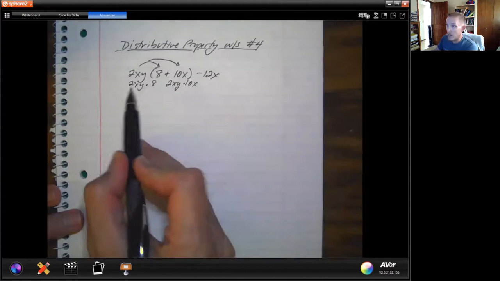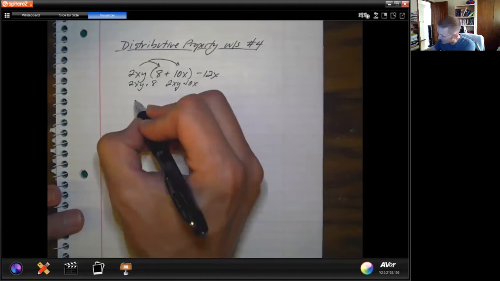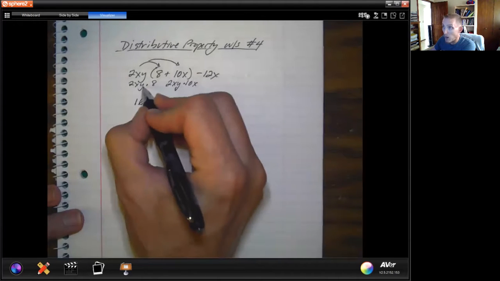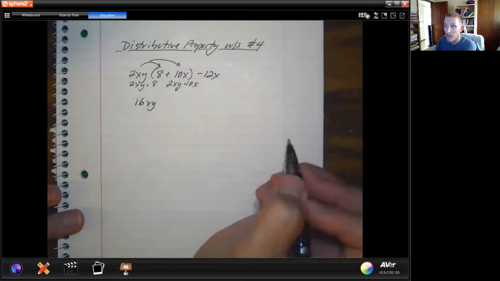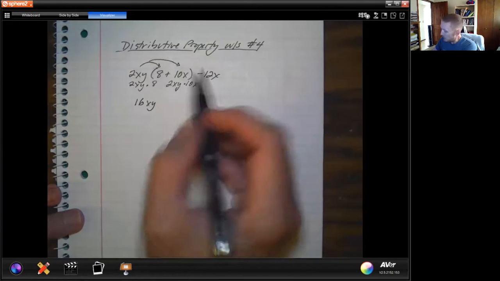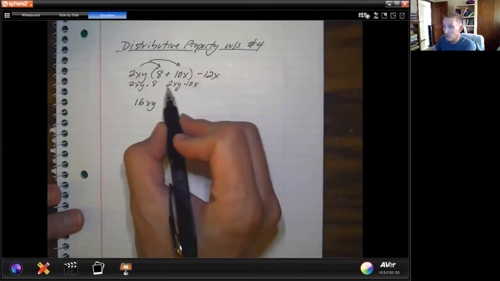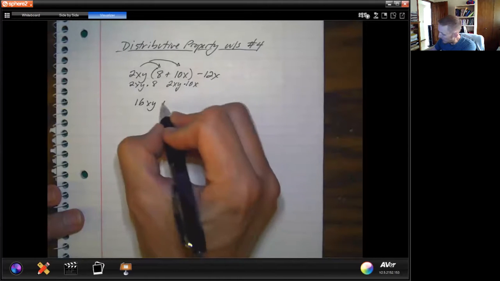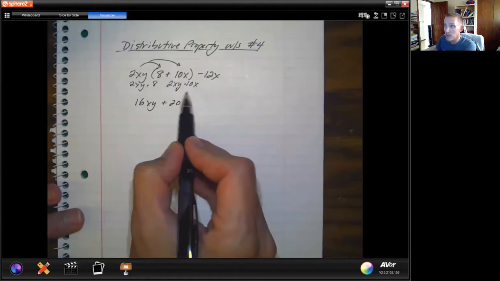Now we're going to take the numbers in front and we're going to multiply those. So 2 times 8 gives me 16xy, and the 8 doesn't have anything else, so it's just going to be an xy next to it. The second distribution is going to be the 2xy times 10x. Well, we're going to take the 2 times the 10, which is 20, so that's going to be a positive 20. xy times x.